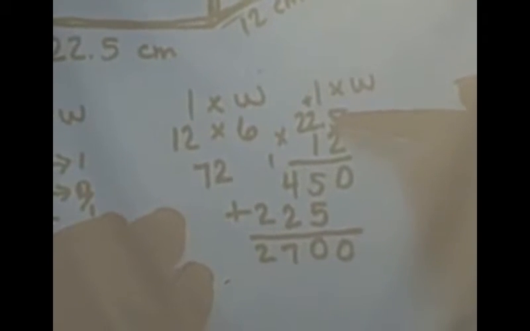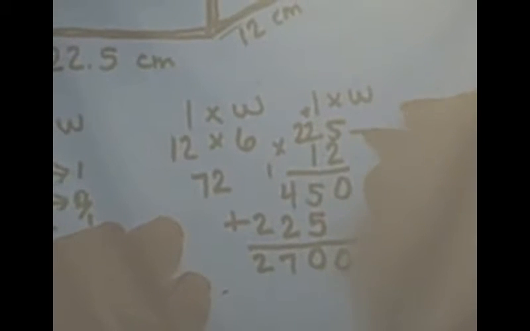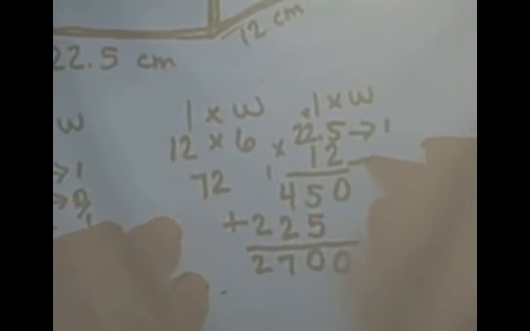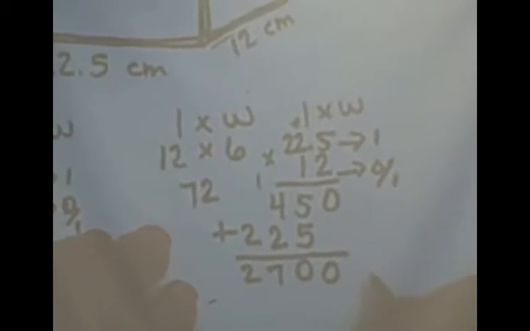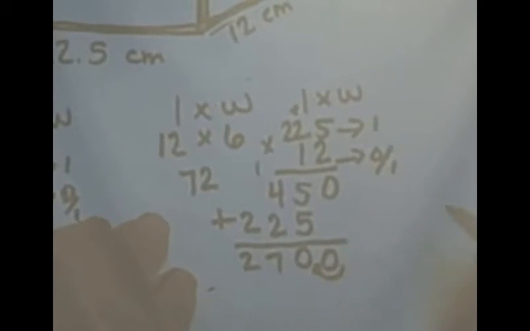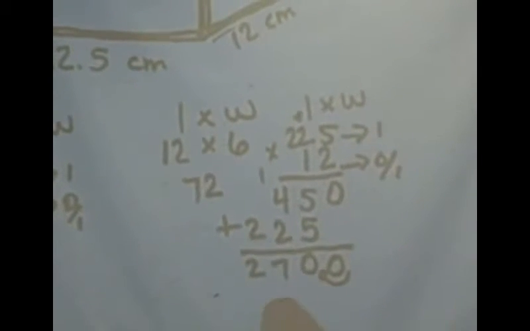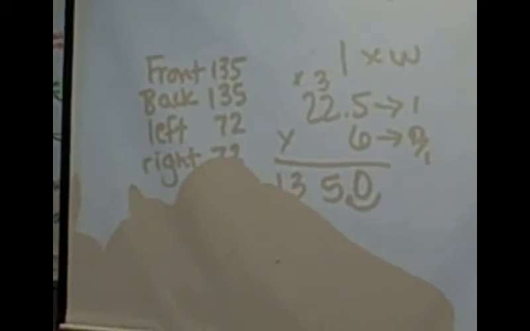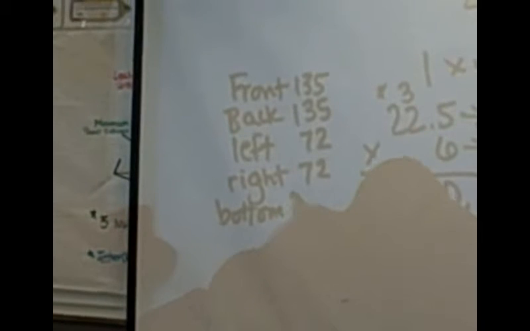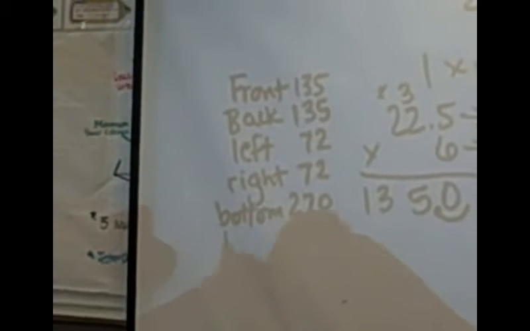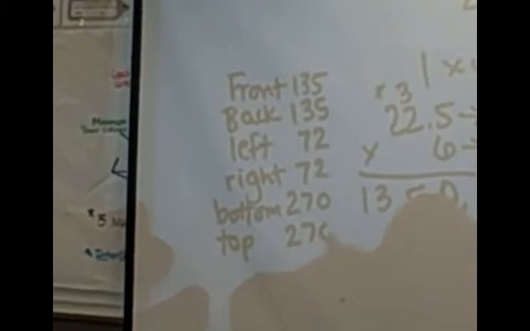Again, we multiplied with a decimal. There is one number behind the decimal here, none here, for a total of 1. So it looks like the bottom is 270. Coming back to what we have, if the bottom is 270, then the top would also be 270.